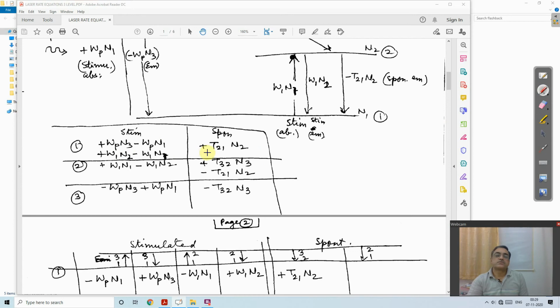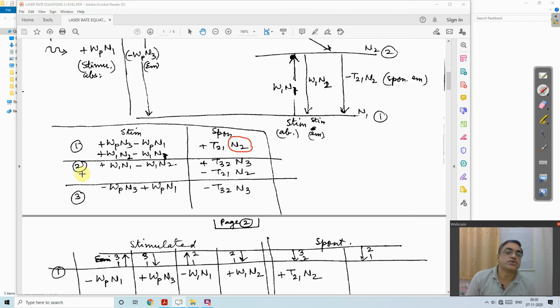Now next, level 1 is being populated by atoms from level 2 by a speedy radiative transition.